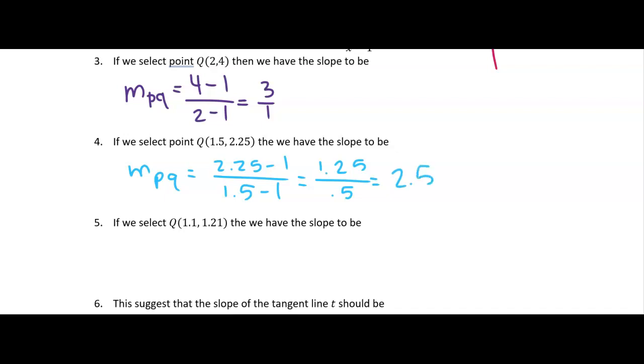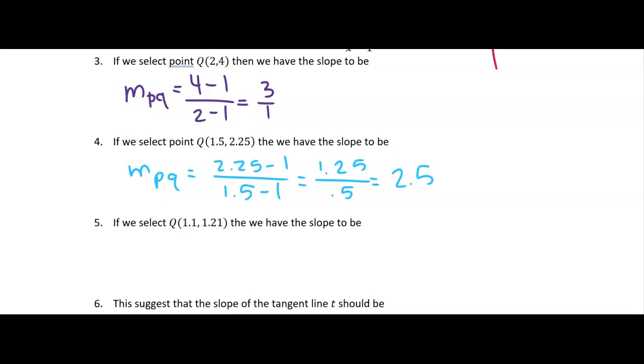So 2.5. As we got closer, the slope is less steep. If you think about the curve, looking at these two points versus these two points, that should make sense. There's less steepness to the curve. My slope is getting more accurate to the actual slope of the line.